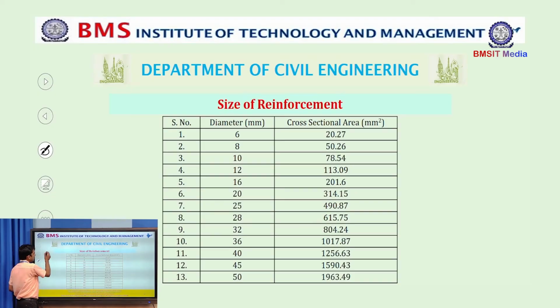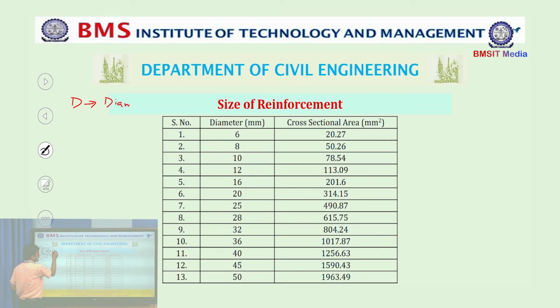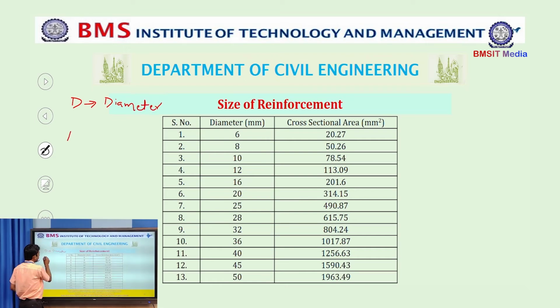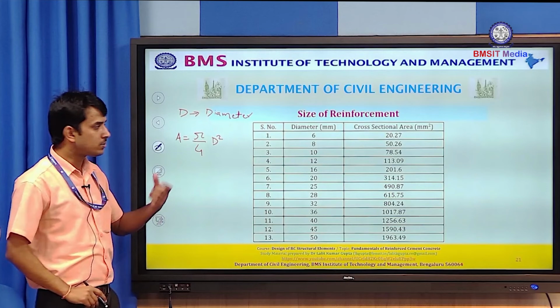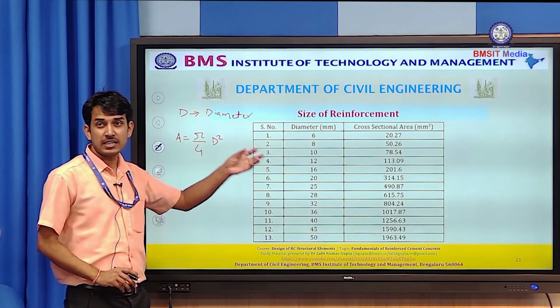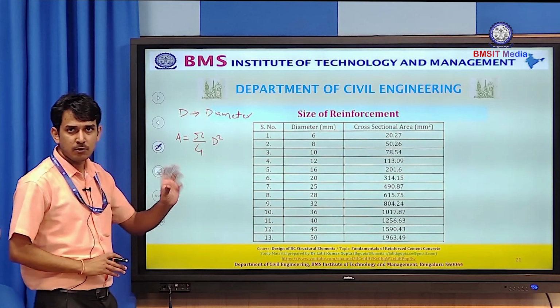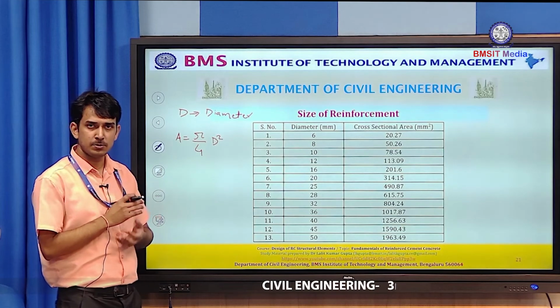If the diameter is D, then the cross sectional area of that bar equals pi by 4 D square. We can use this to find the cross sectional area, because we always calculate the cross sectional area of the reinforcement which we require.